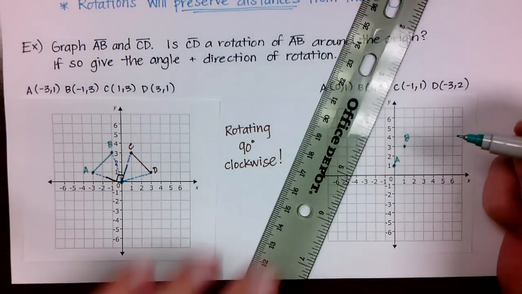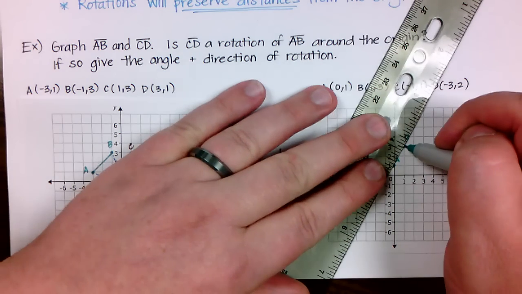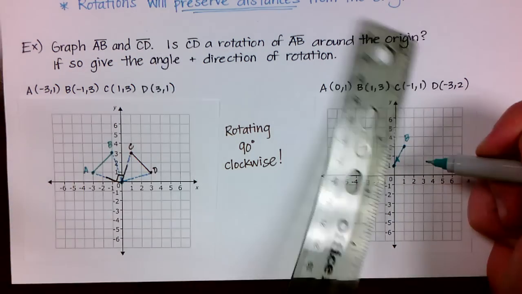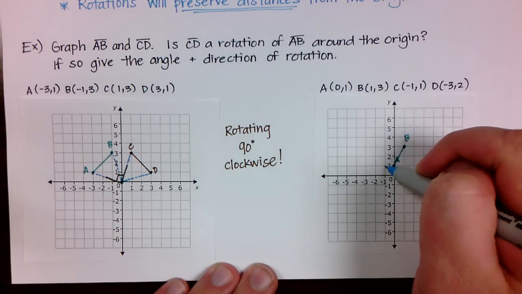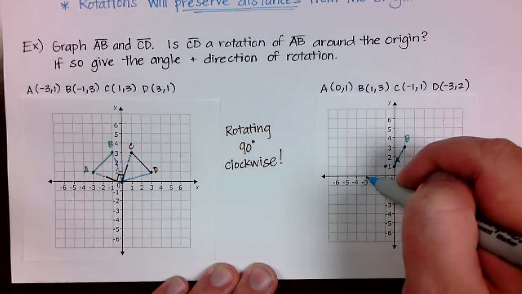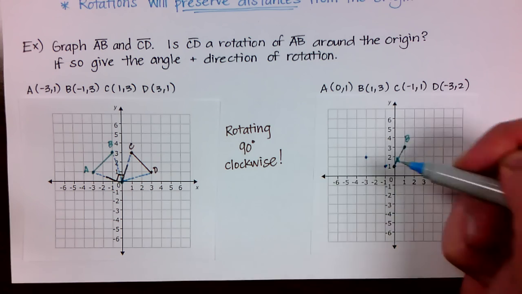Okay, let's connect these. There we go. And then let's do CD. C starts at -1 up 1, and D is at -3 up 2.